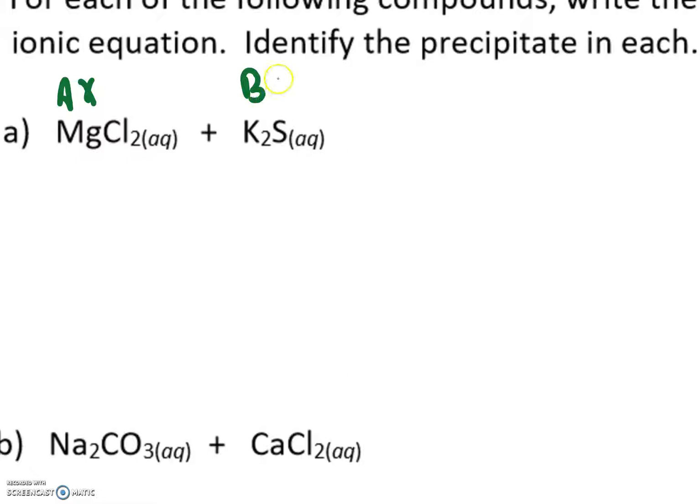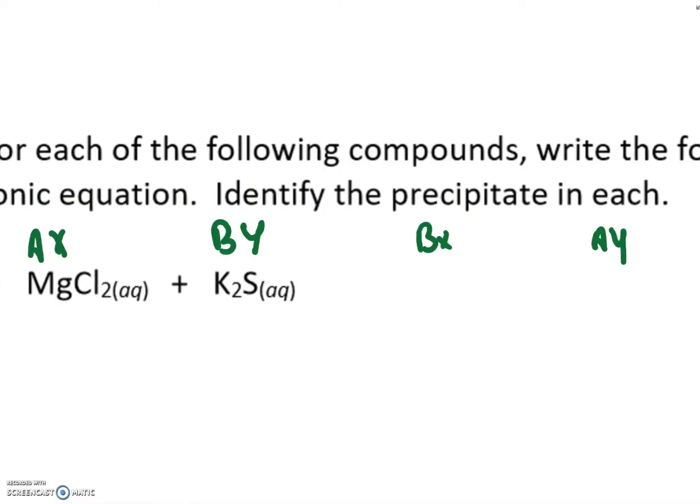AX is going to react with BY, and it's going to produce BX and AY, and it doesn't really matter what order we're in. I'm going to do them all the way because I'm a chemistry teacher and that's what we do.